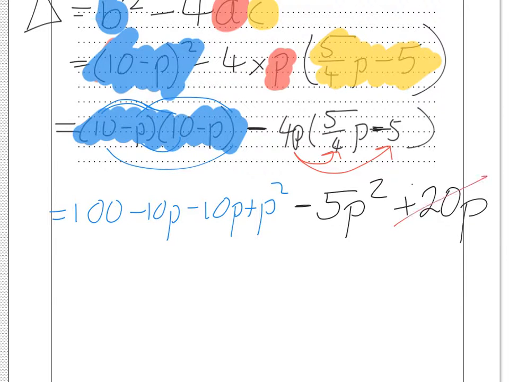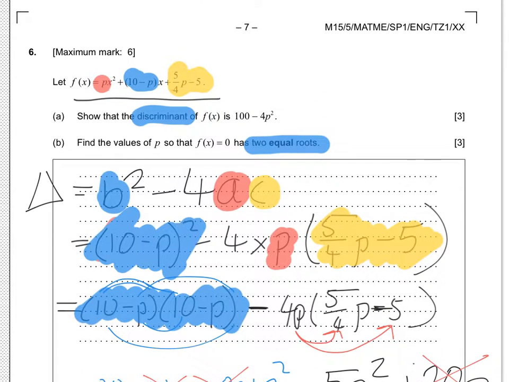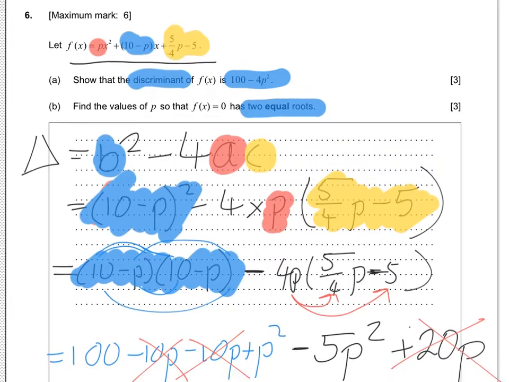Now I've got positive 20p here, it's going to cancel with these negative 10 minus 10. So there'll be no p's, which should not surprise you, because in the question they told us what we were trying to get to, 100 minus 4p squared, and it doesn't have any p terms in it.